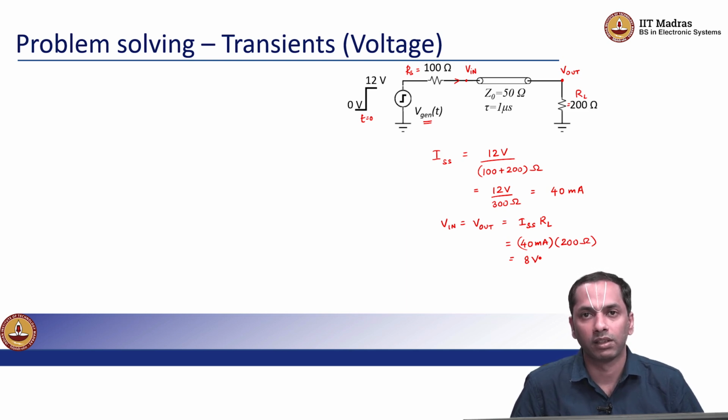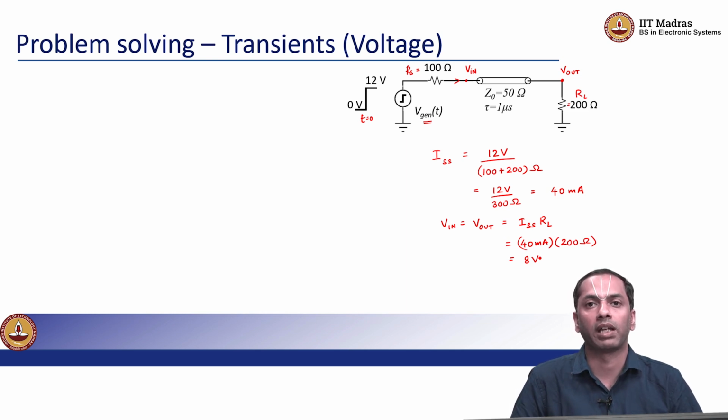Nonetheless, even with that you should get 8 volts. So, we eventually expect that V in and V out settle down at 8 volts. Now, the real question that transmission line behavior helps us analyze is what happens to V in and V out on its way to 8 volts.